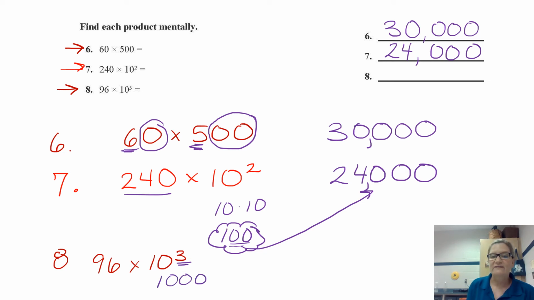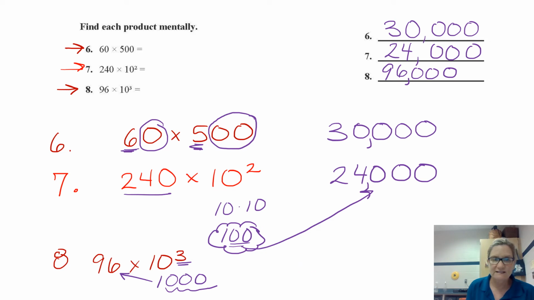And I can just add those 3 zeros to my number 96. 96, 1, 2, 3. So my answer is 96 with 3 zeros, which means that's 96,000.